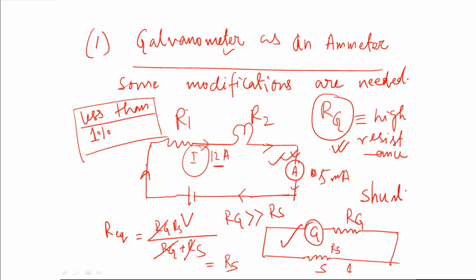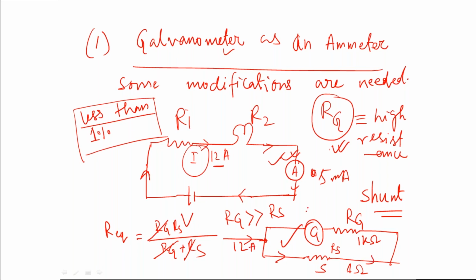Is the current now too much affected by this circuit? Suppose this is some 1 kilo ohm resistance and this is some 1 ohm resistance. After reaching this point, almost the whole 12 ampere current will pass this way, and only some microampere current will go the other way.